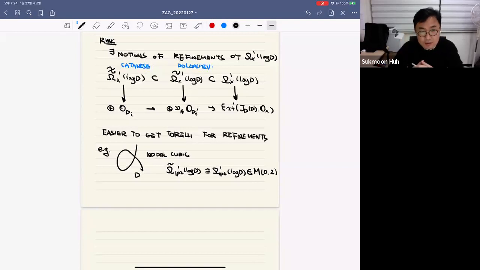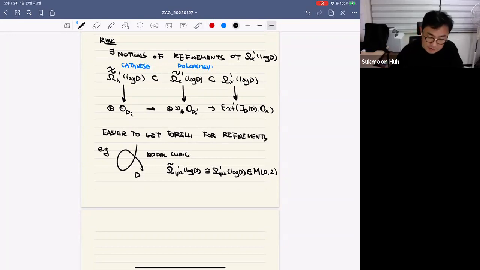So its set of jumping lines forms a smooth conic in P2, and by the result of Barth, that set of jumping lines determines the corresponding vector bundle. So we have an 8-dimensional family of nodal cubic curves in P2, but the set of smooth conics forms a 5-dimensional space. So certainly we do not have Torelli.